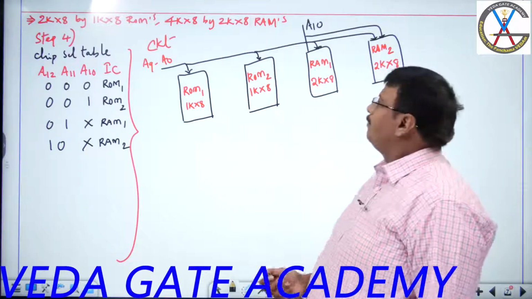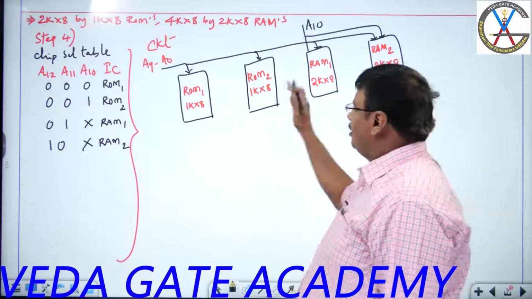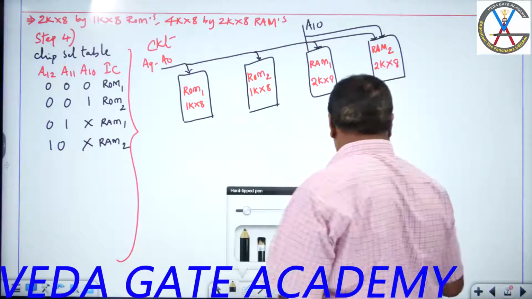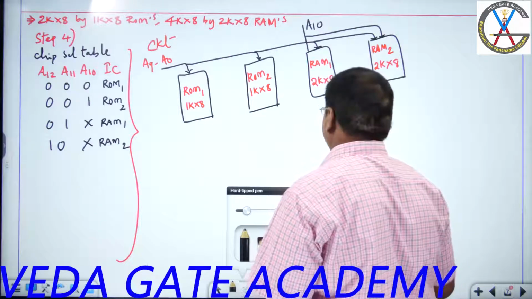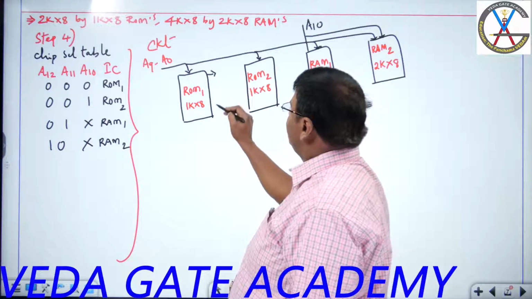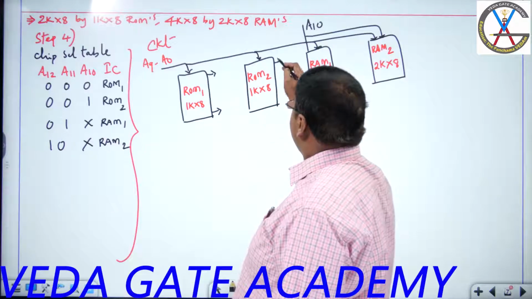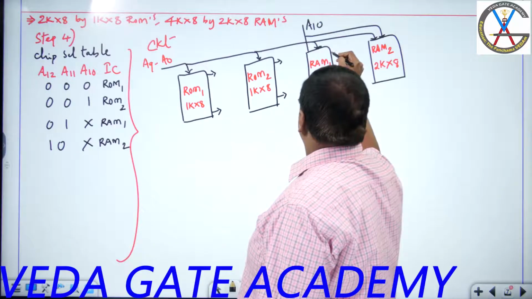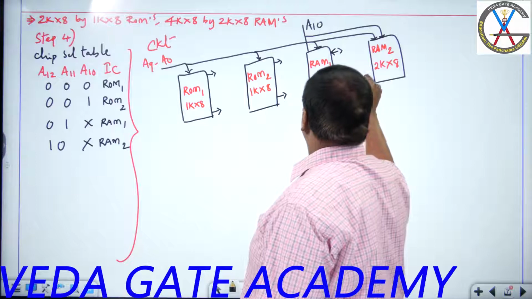Now what I need to identify is that it is an 8-bit memory, no? So data lines 0 to 7, I'm sorry. Bidirectional 0 to 7.